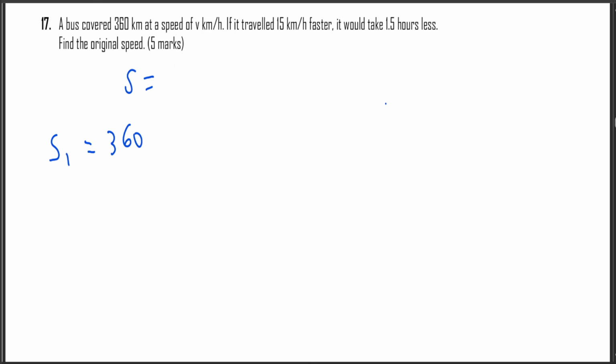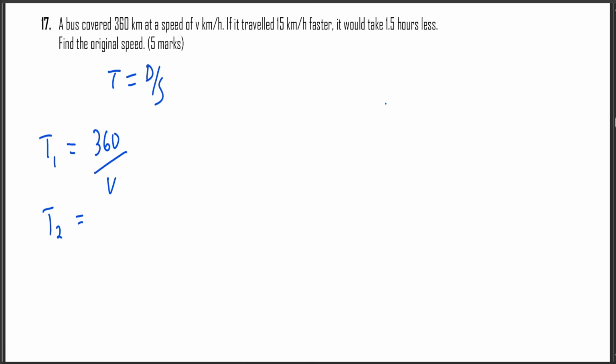We know that time is equal to distance over speed. So for time 1, the bus is going to take 360 divided by the speed, which is v kilometers per hour. But if we travel 15 kilometers per hour faster, it's going to be 360 divided by v plus 15.